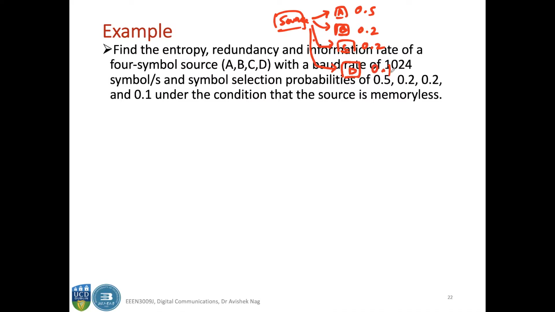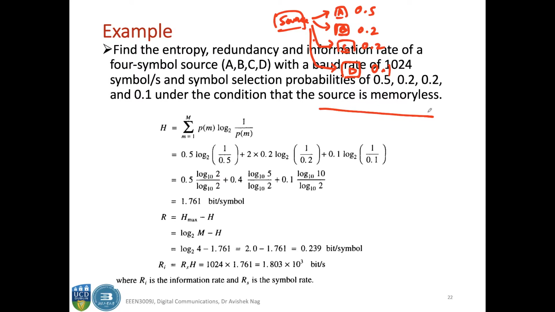And also the source is memoryless. Now let's see what will be the entropy, redundancy and the information rate of this 4 symbol source with the baud rate of 1024 symbols per second.